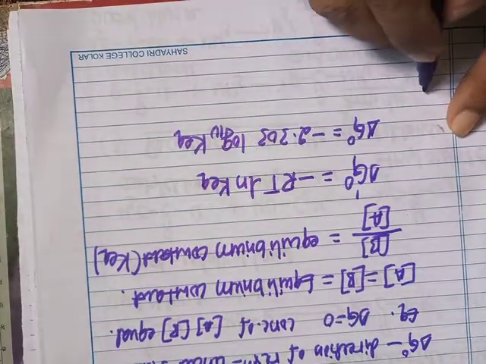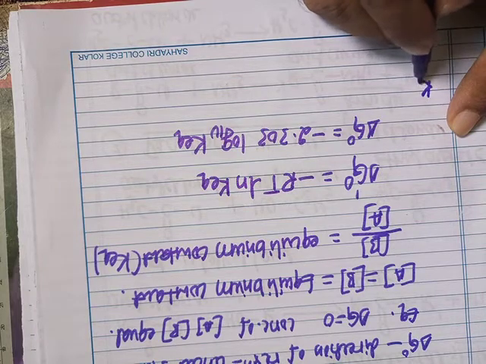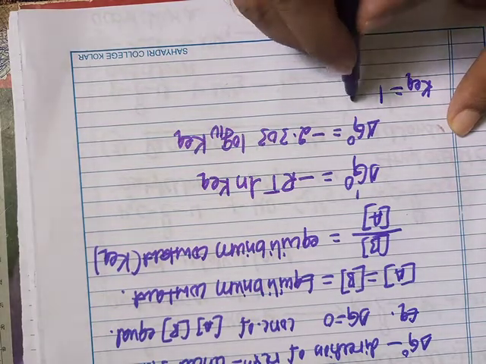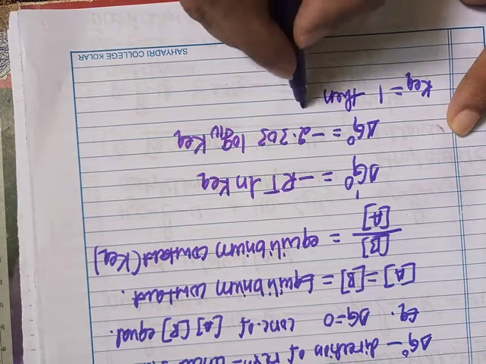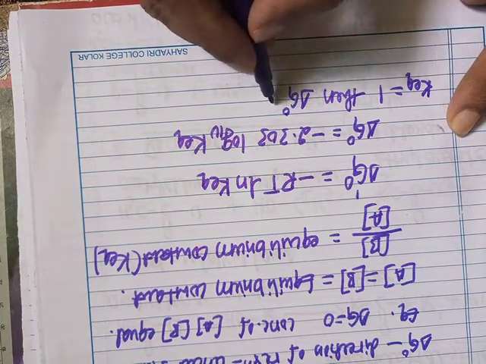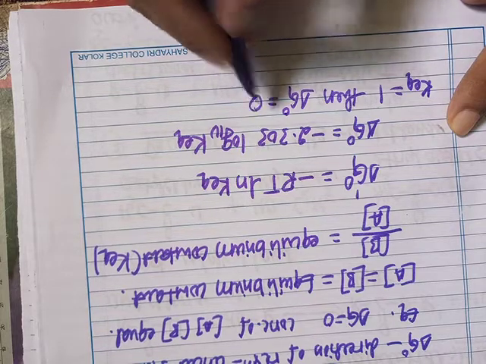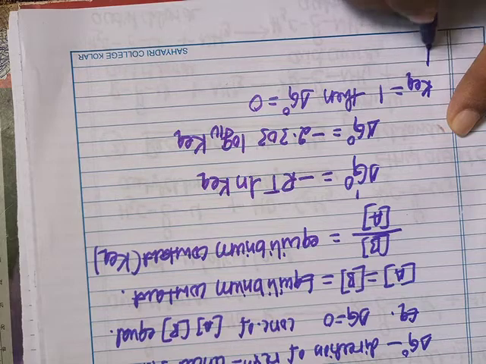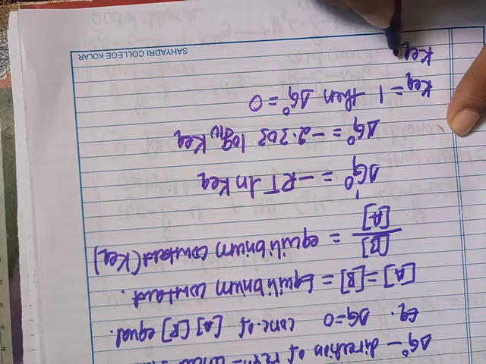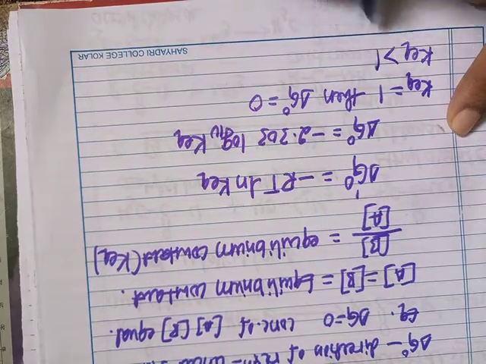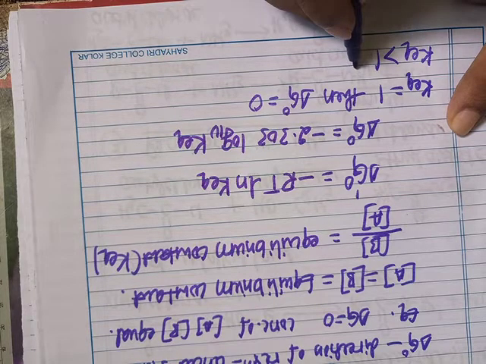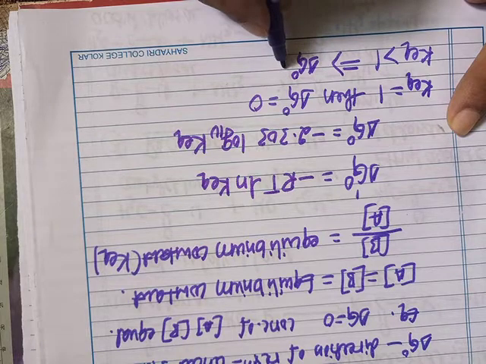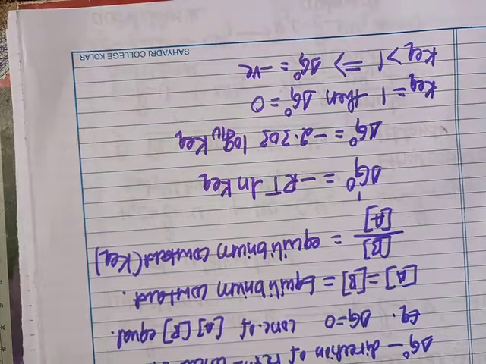So if K, the equilibrium constant, is 1, then delta G naught, the change in the standard free energy, is 0. If the equilibrium constant is greater than 1, then delta G naught is negative.